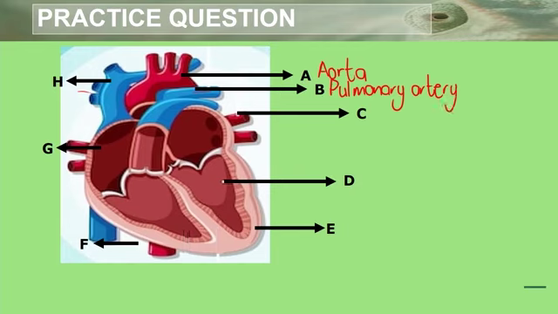C, we have two blood vessels on this side and two behind, they appear behind the heart. This shows us that these are the blood vessels that allow oxygenated blood back into the heart. They are coming from the lungs. So these are our pulmonary veins.